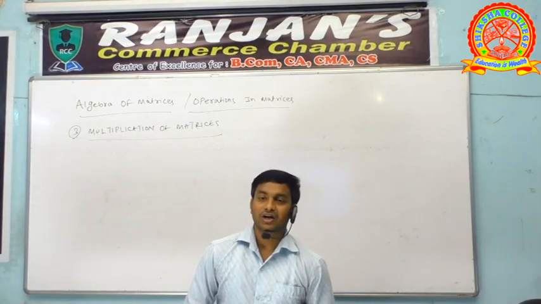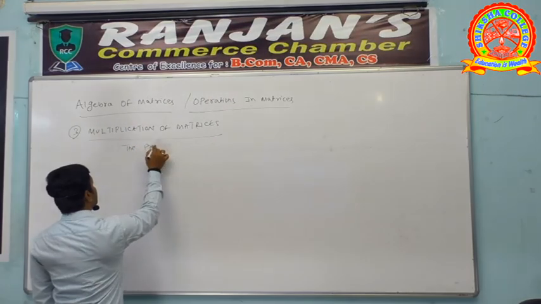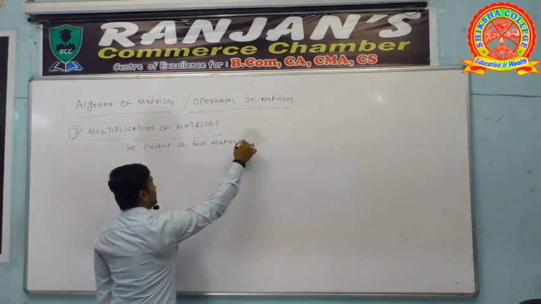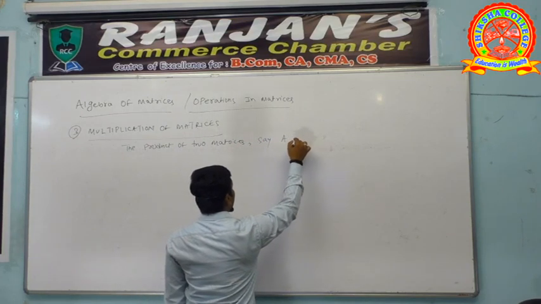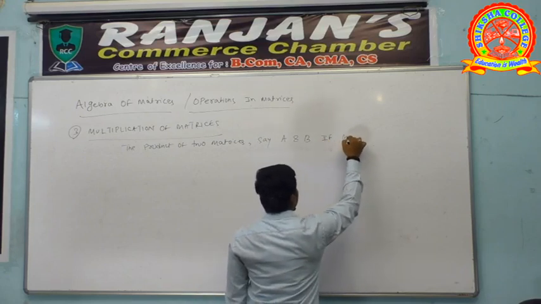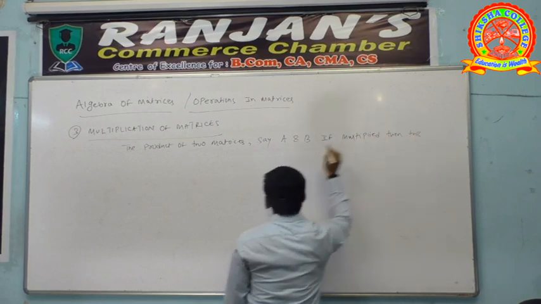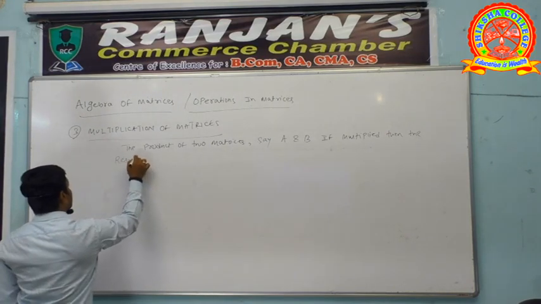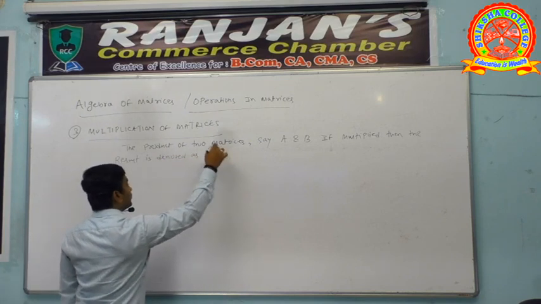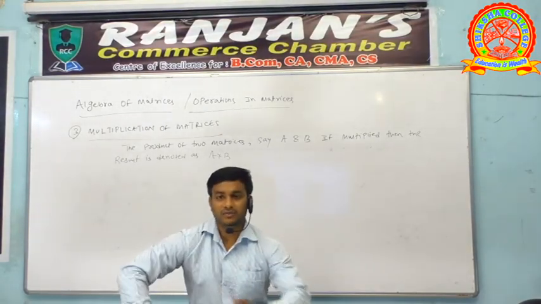Multiplication is the product of two matrices, say A and B. If multiplied, then the result is denoted as A into B. Okay, A into B, A multiplied by B, that is multiplication.